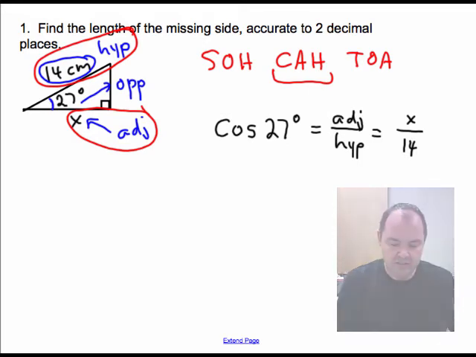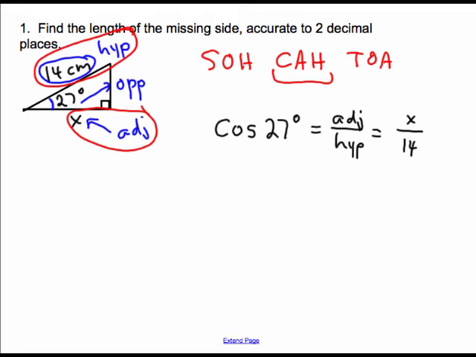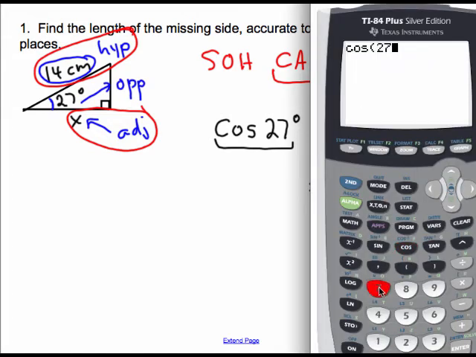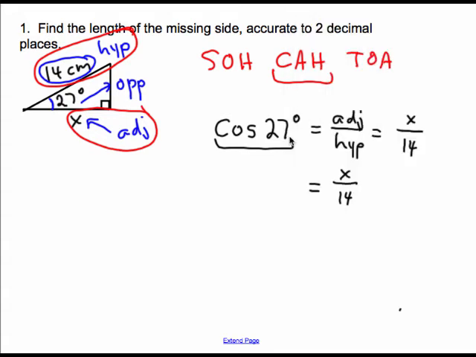In other words, the missing side divided by 14 must equal the cosine 27 ratio. Well, the cosine 27 ratio, if I hop over to my calculator, is 0.89.